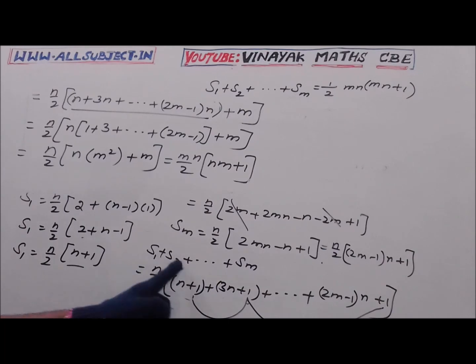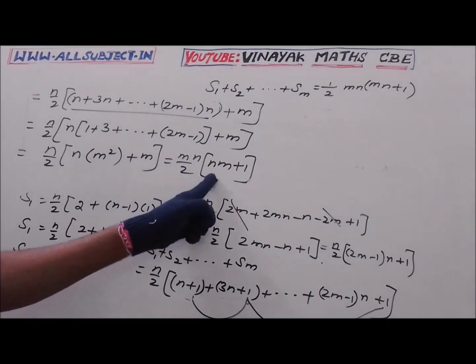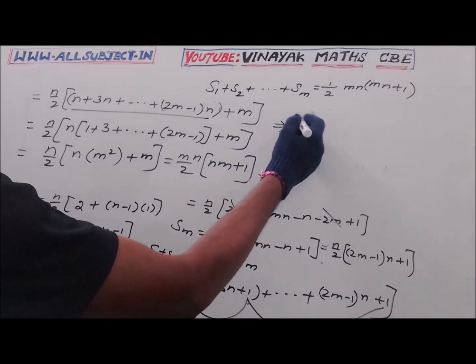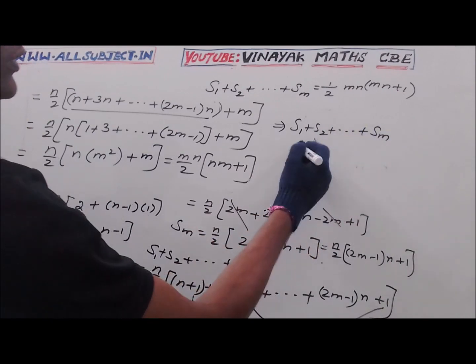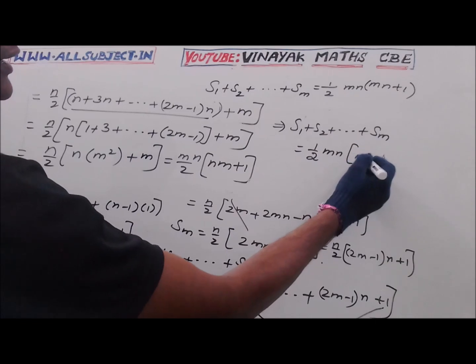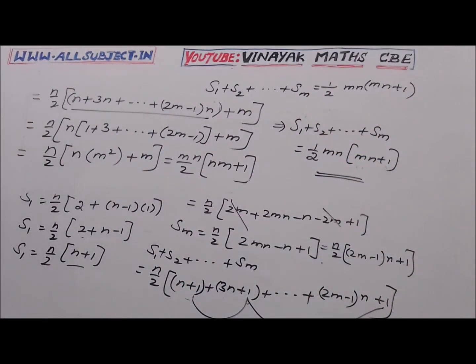So s1 plus s2 plus s3 etc. plus sm will be equal to mn by 2 into mn plus 1, which implies s1 plus s2 plus etc. plus sm equals 1 by 2 mn into mn plus 1. Hence the result.